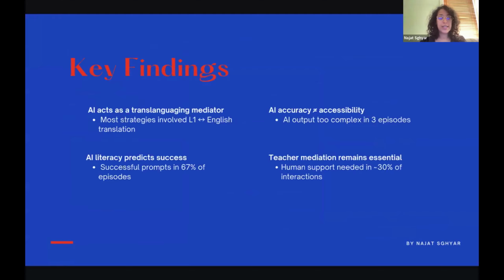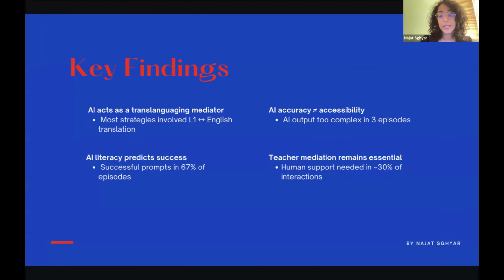So what we learned here is that AI does actually act as a translanguaging mediator in this classroom, in the multilingual context. Most strategies involved L1 to English translation. But the main predictor of success is AI literacy. If you can prompt and understand prompts properly, then you are more successful.